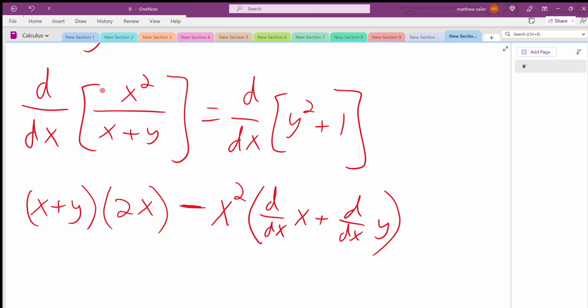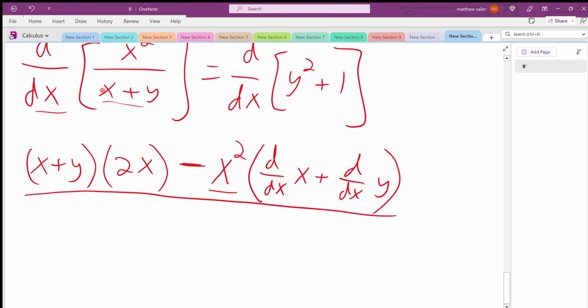And really I moved ahead a little bit faster and just said instead of taking the derivative of the bottom, I already distributed this derivative to each piece. So I have the top here, x squared, times the derivative of the bottom, which is d over dx x, plus d over dx y. All of this is going to be divided by the bottom squared to finish off the quotient rule.